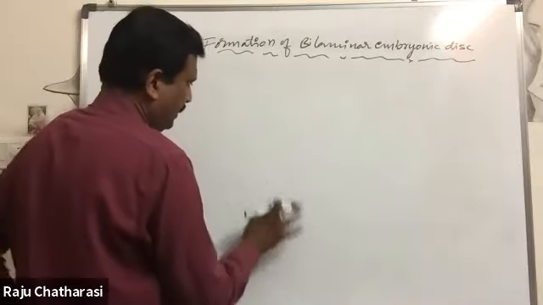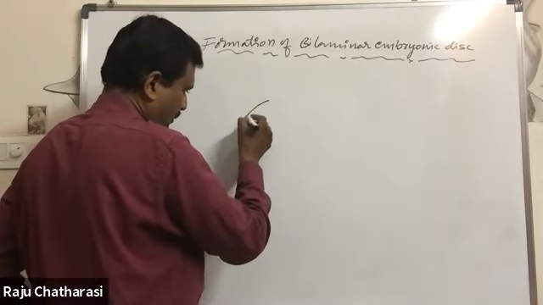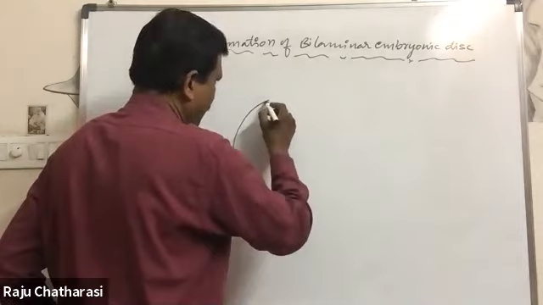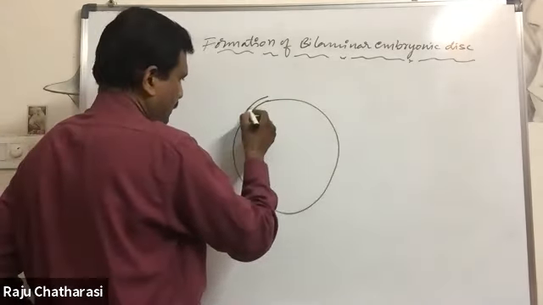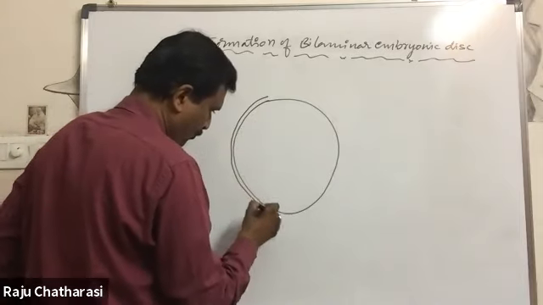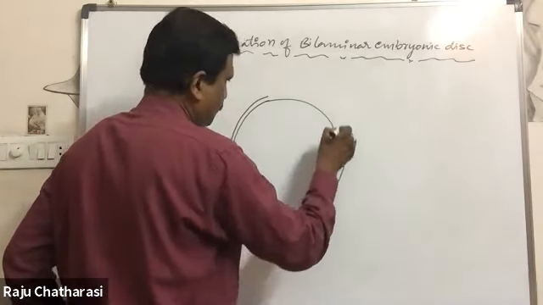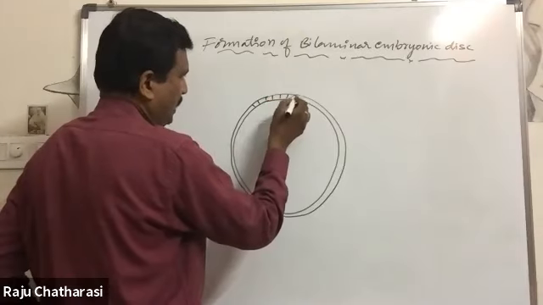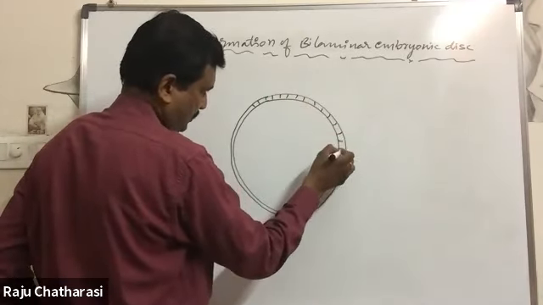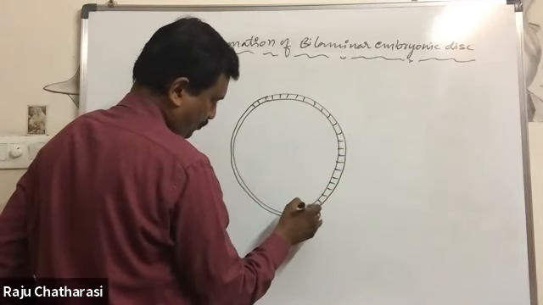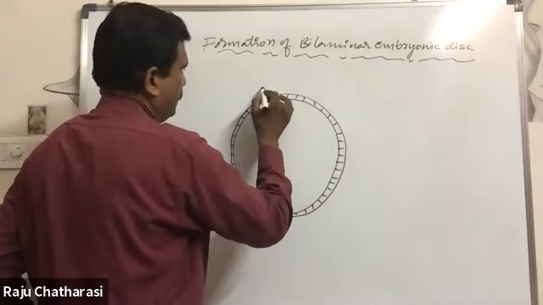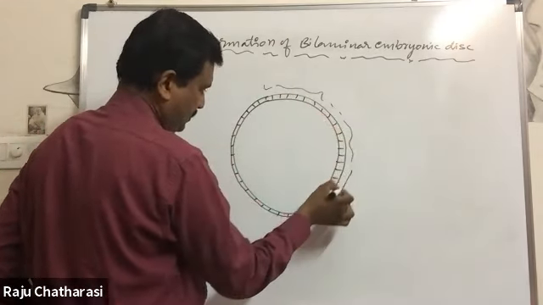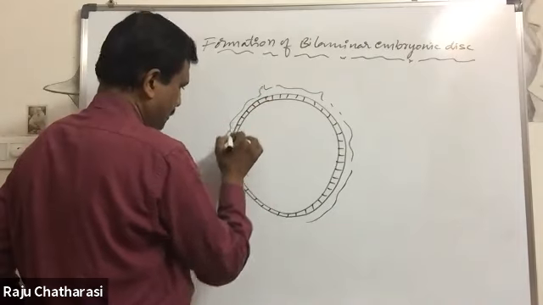See here, this is called blastocyst. The implanted embryo is called blastocyst. Here this is cytotrophoblast. Please observe carefully. Of course, the outer layer is syncytial trophoblast.